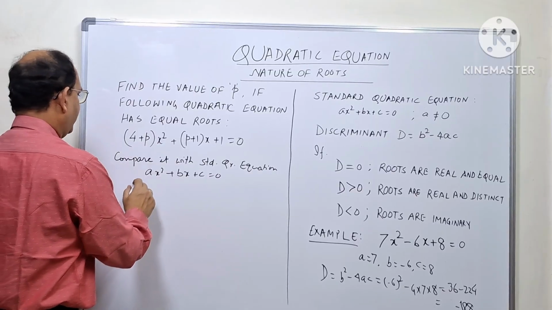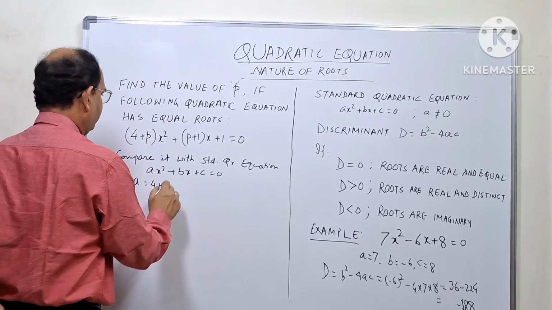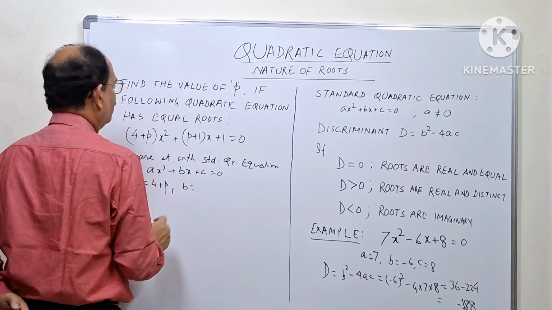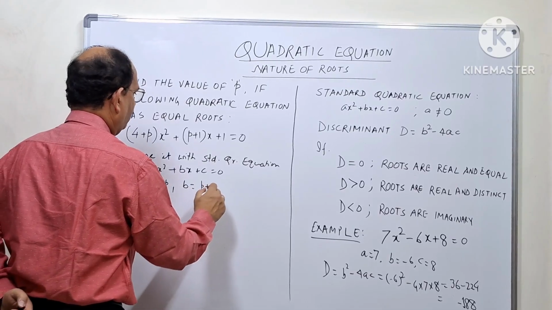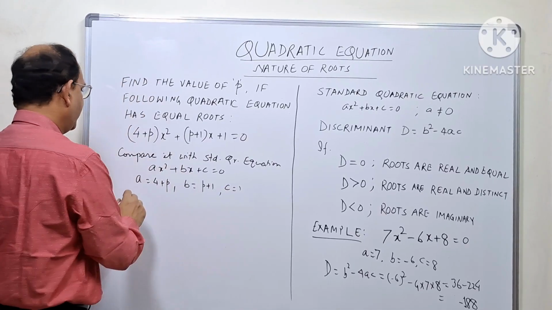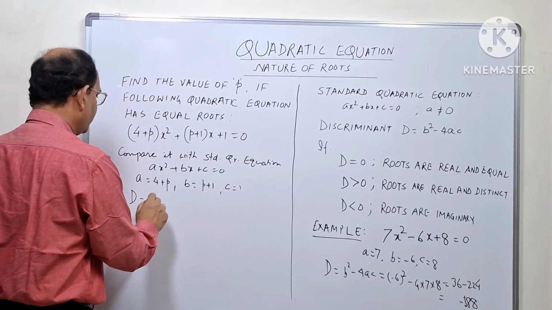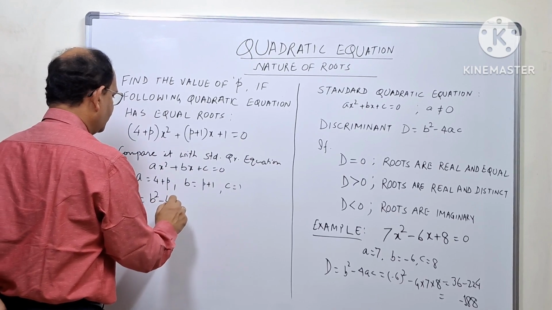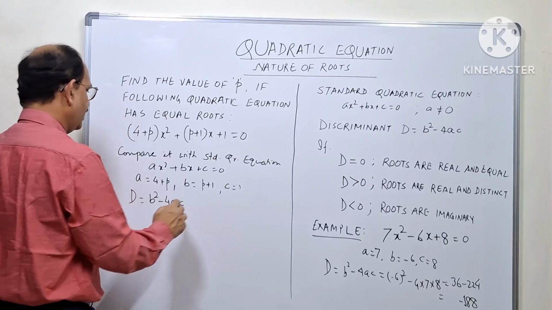What we get? a is equal to 4 plus p, b is equal to p plus 1, and c is equal to 1. So let us find the discriminant d, which is equal to b square minus 4 times a into c.